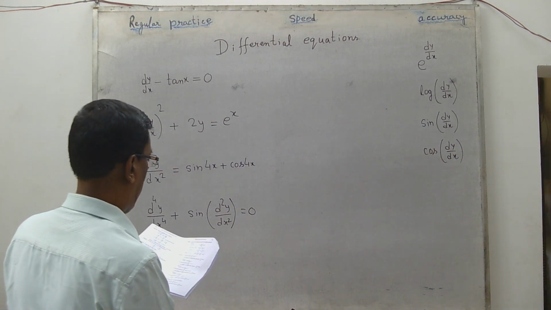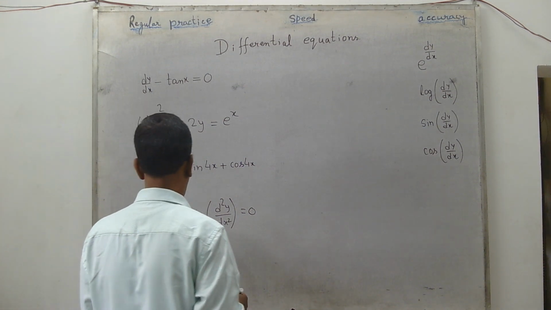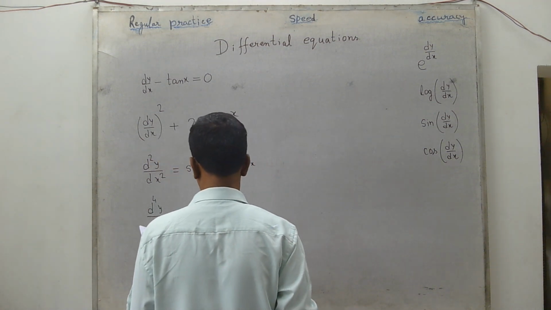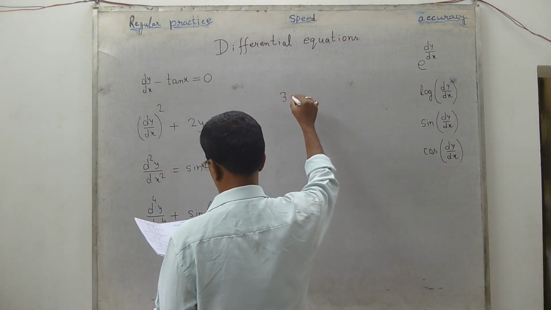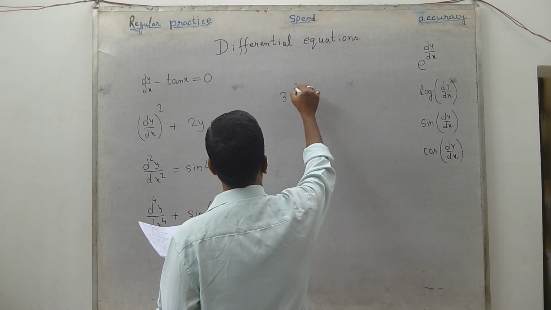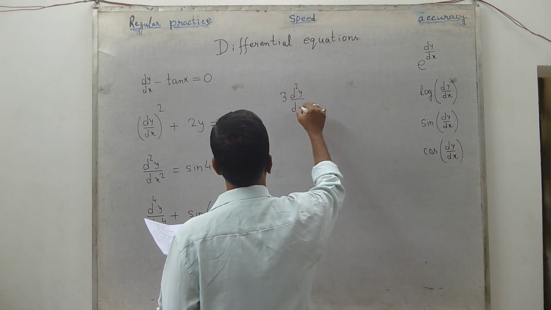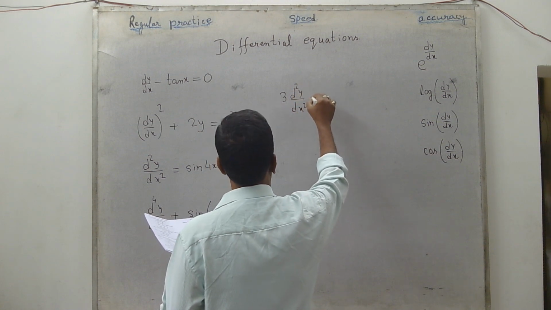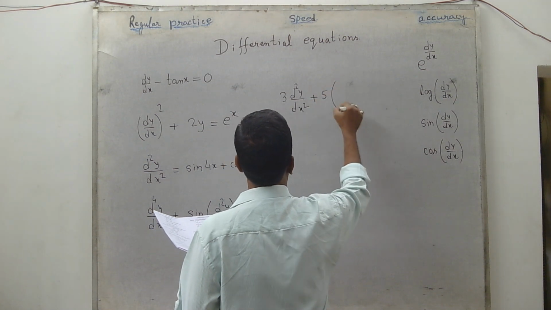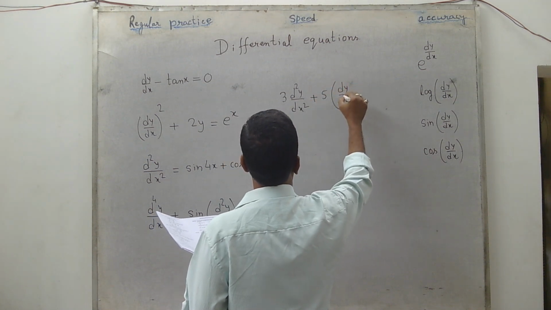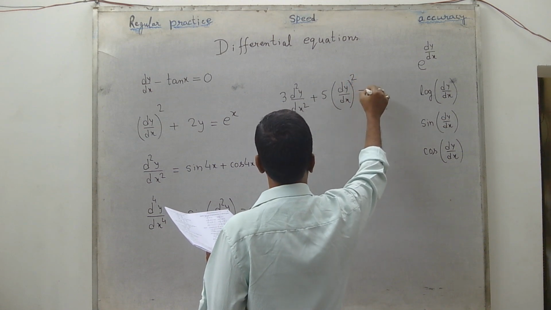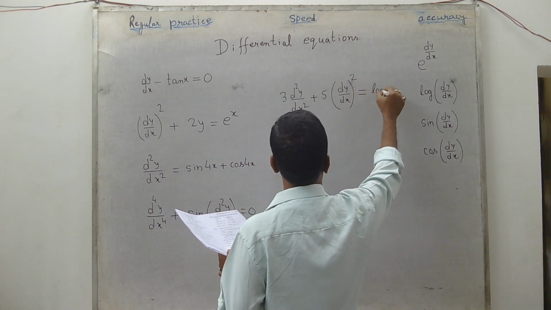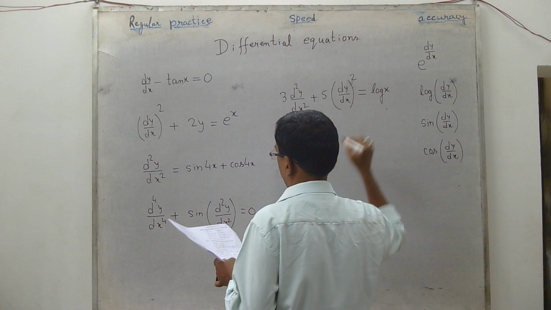Again, if we have 3 d square y by dx square plus 5 dy by dx whole square equals log x.